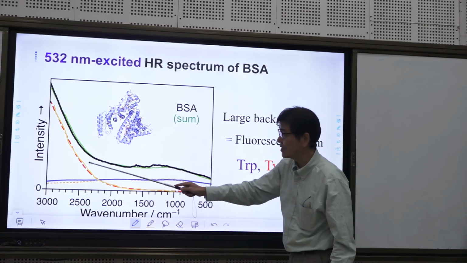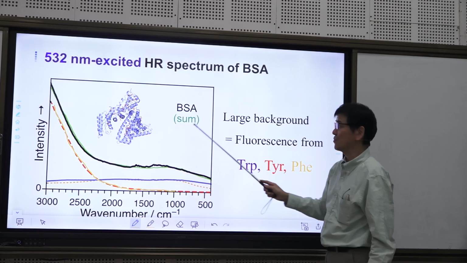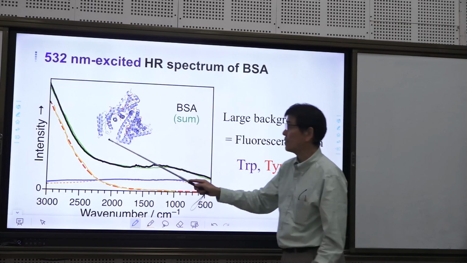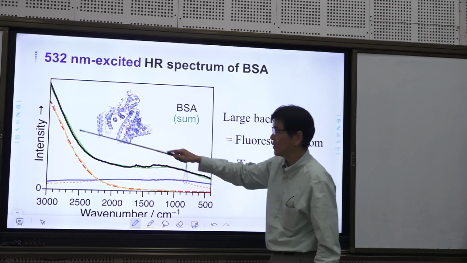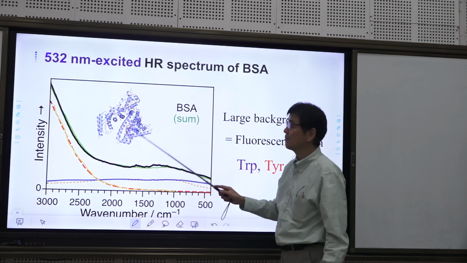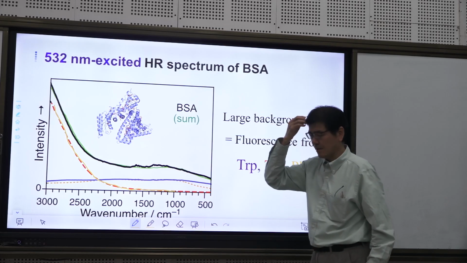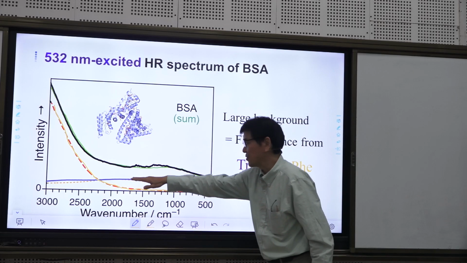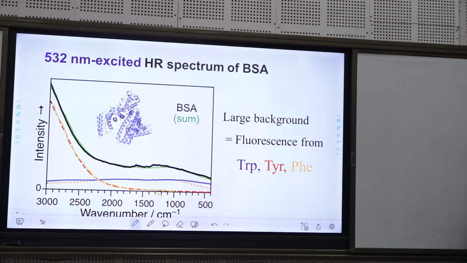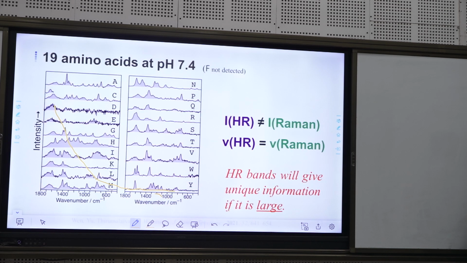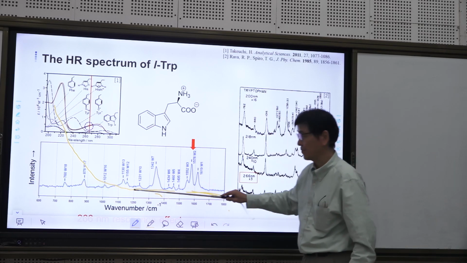Then by adding these three components, we get a green spectrum as the sum of the two-photon fluorescence. The fluorescence component almost explains the curved baseline successfully. I should explain, blue is a tryptophan spectrum. After baseline correction, I got a hyper-Raman spectrum of tryptophan, as shown here. This is after baseline correction.